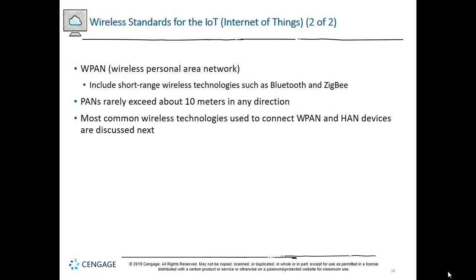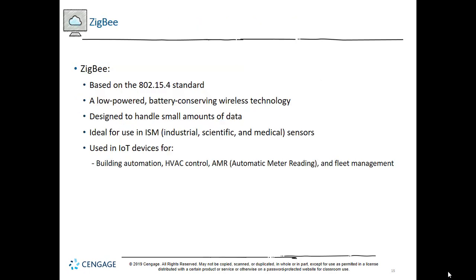PANs rarely exceed 10 meters in any direction, and they usually only contain a few personal devices such as a PC, a smartphone, a printer, a Bluetooth headset, or an infrared wireless mouse. Those are typically what makes up our home area networks, our wireless PAN.